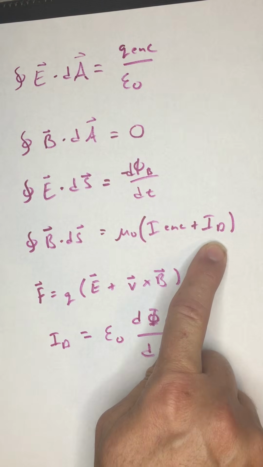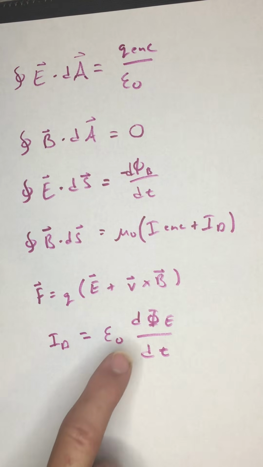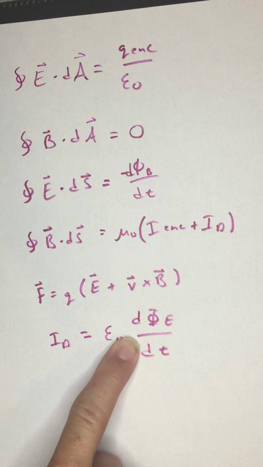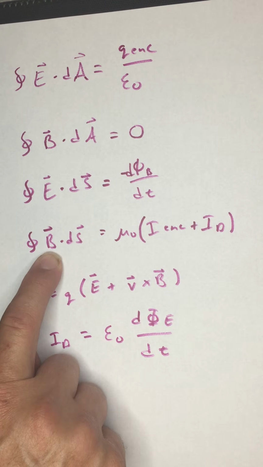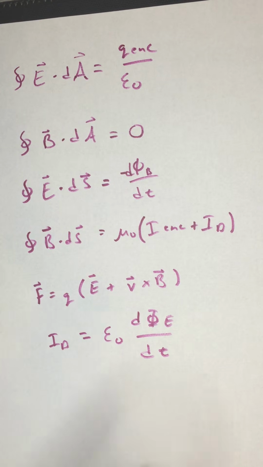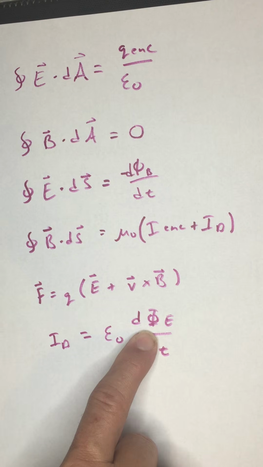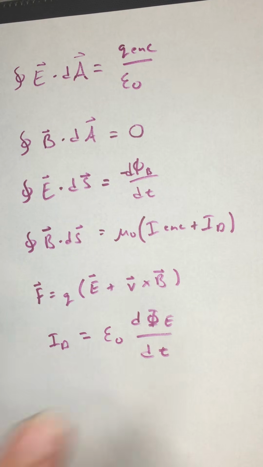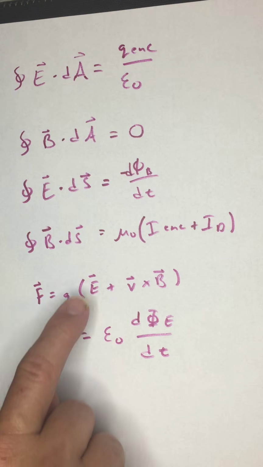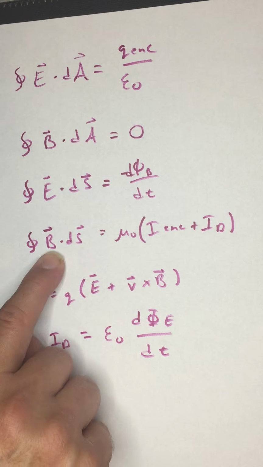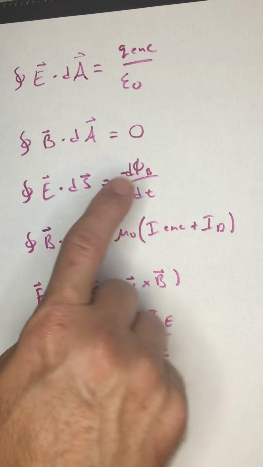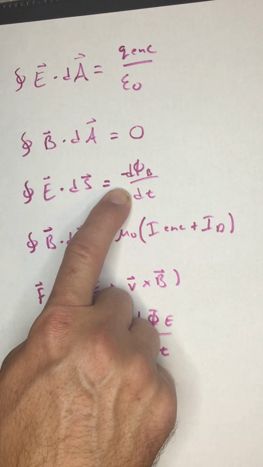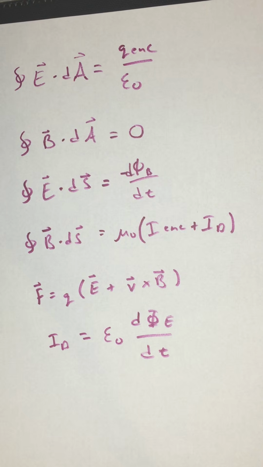What this means is that if I have a changing electric flux, I get a magnetic field. Let me say that again. If I have a changing electric flux, I get a magnetic field right here. We've already seen with Faraday's law of induction that if I have a changing magnetic flux, I get an electric field, right?